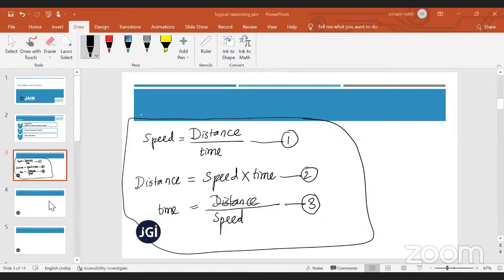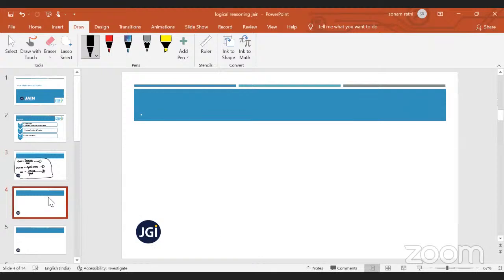Now, let's talk about units. What can be the unit for distance? We can measure distance in kilometer, meter, and miles.